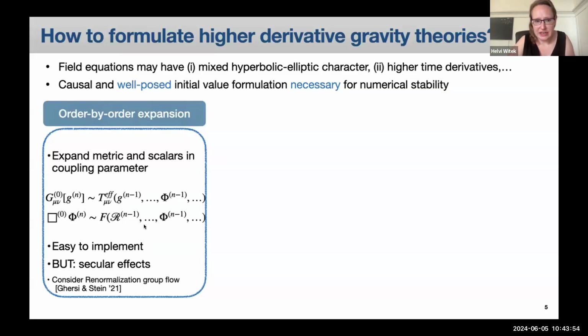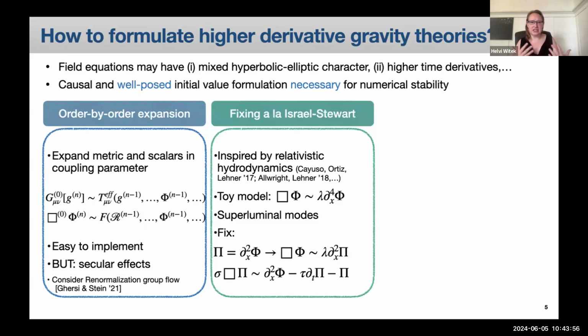Good. So the next approach is actually inspired by relativistic hydrodynamics. And that goes back to a paper by Louis Lehner and collaborators and students, where they say, okay, in relativistic hydrodynamics, what do we do if we need to deal with our higher derivative equations? It turns out that Navier-Stokes equations themselves, for example, are also not well posed.